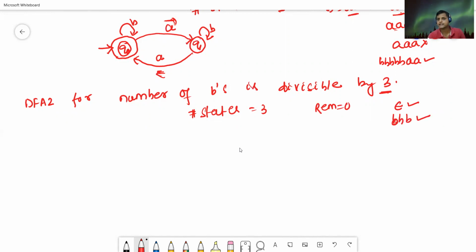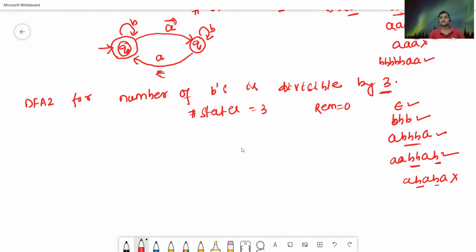Triple B is divisible by 3. A triple B A is valid since it contains 3 B's. A B B A B is a valid string because it contains 3 B's. A B A is invalid because it contains 2 B's, which is not divisible by 3.